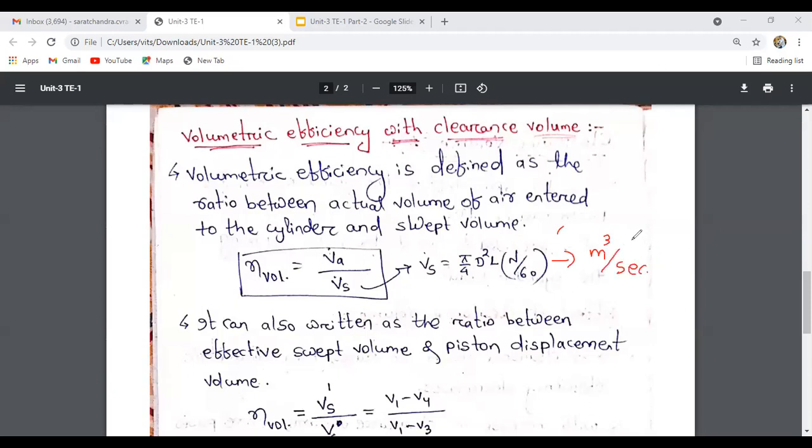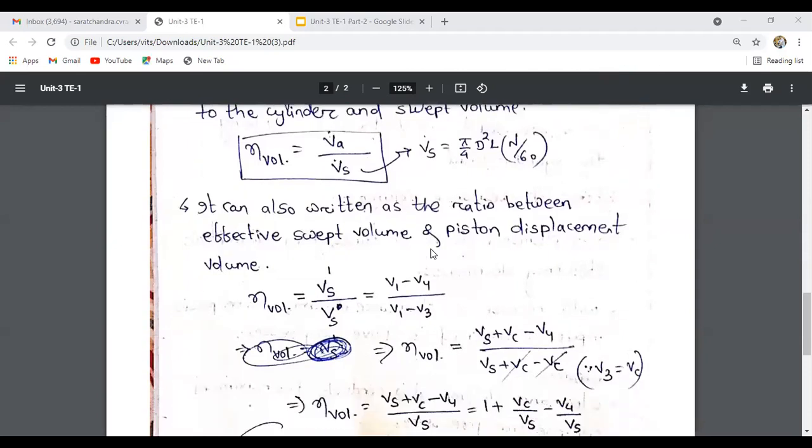Now next, one small derivation is there. We are going to calculate this volumetric efficiency. This one I will derive here.